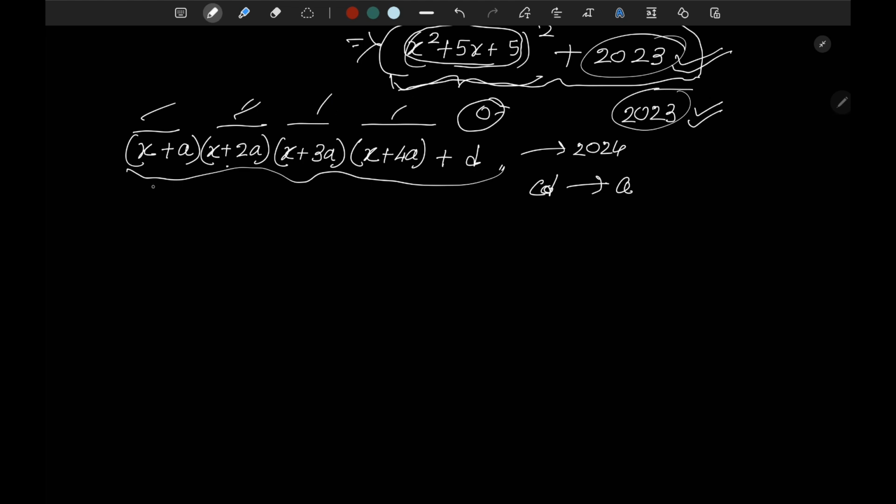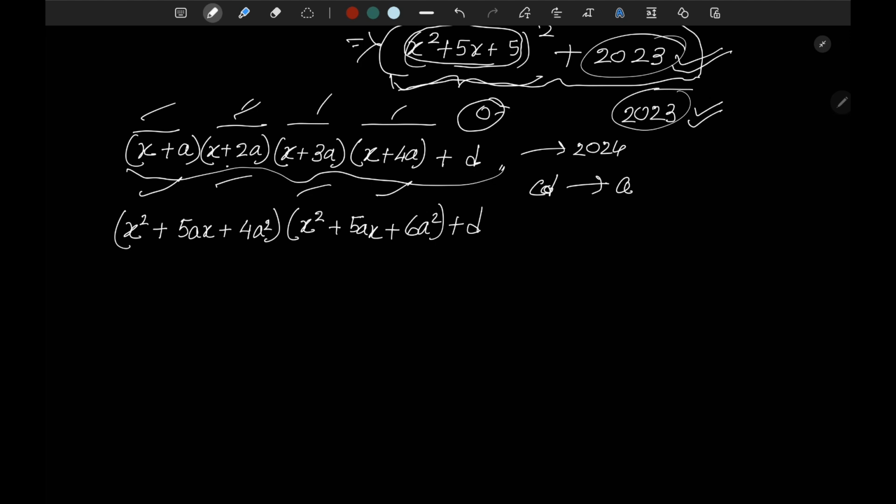Now like the previous problem, let's take the first and the last terms first. You will get x² + 4ax + ax, that is 5ax, plus 4a². For the other two you will get x² + 3ax + 2ax, which is 5ax, plus 3a times 2a, which is 6a², and then you have d plus d.